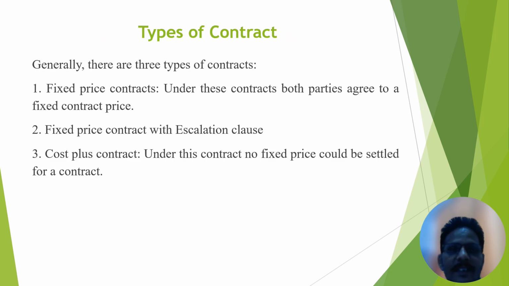Now the next one is types of contract. In contract costing, we have three types of contract work. Fixed price contracts. Under this fixed price contract, both parties, contractor and contractee, decide a fixed price regarding the contract work. Now the next one, fixed price contract with escalation clause.